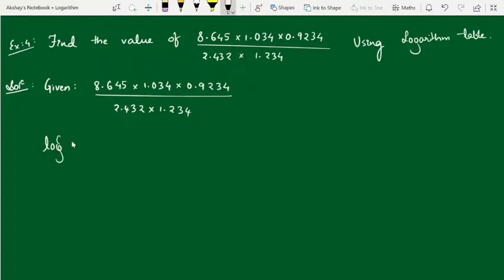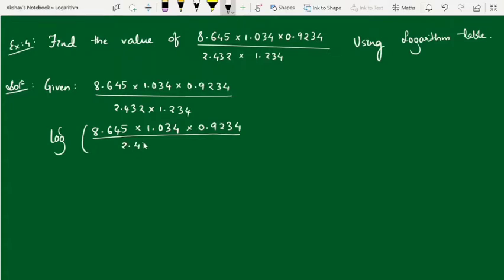So apply log for this: log of 8.645 into 1.034 into 0.9234 divided by 2.432 into 1.234.